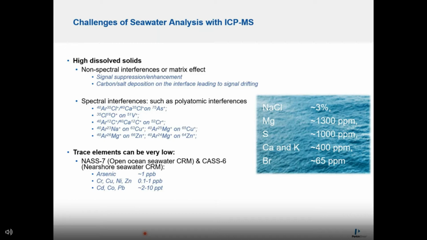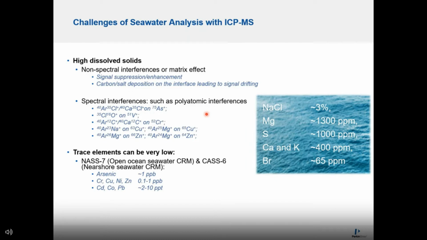Now, the high dissolved salts will have matrix effects, which lead to severe signal suppression or enhancement, and of course long-term signal instability due to salt and carbon deposits on the interface. It definitely will have spectral or polyatomic interferences generated by the plasma-based ions like argon, carbon, and oxygen with the salt, which will overlap with targeted analytes.